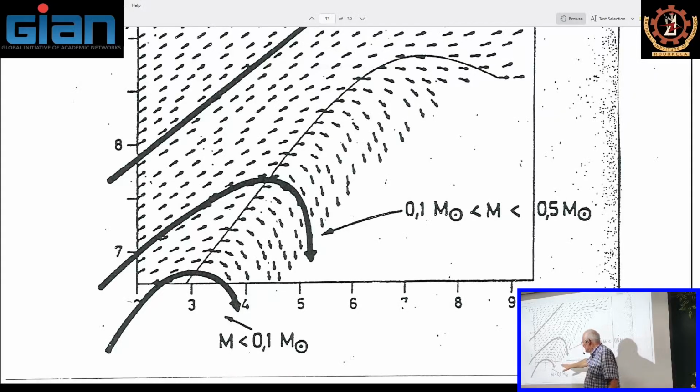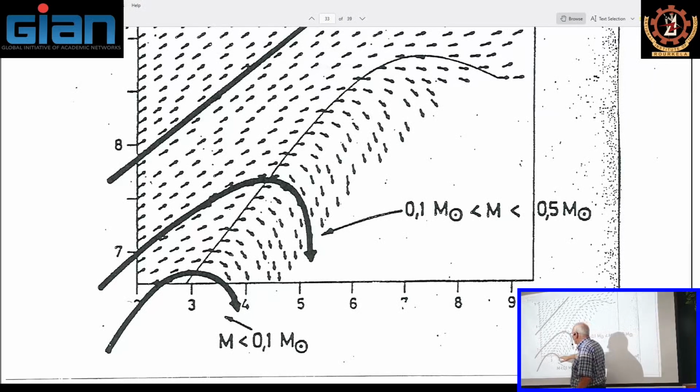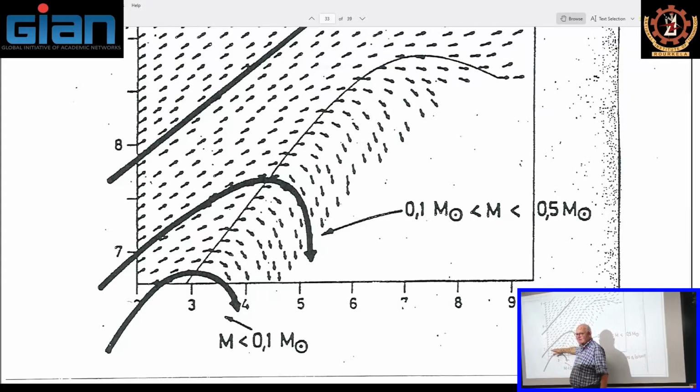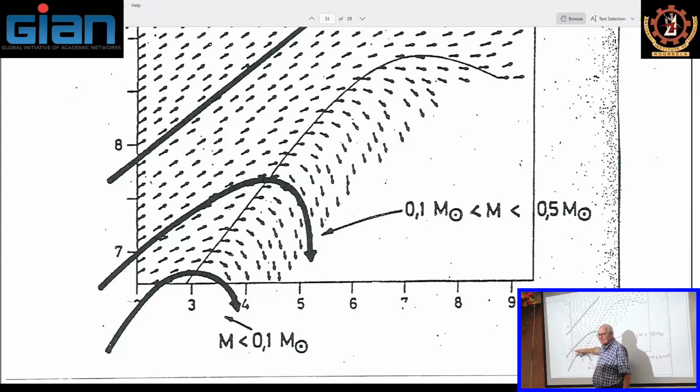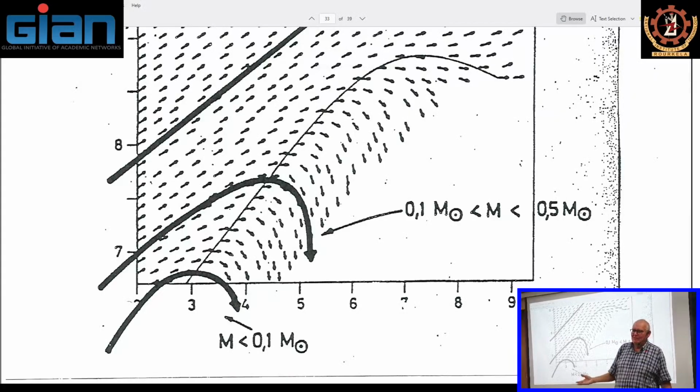If this maximum due to the transition to degeneracy is reached before a temperature of 10^7 K is achieved, this maximum occurs below 10^7 K. What is 10^7 K?